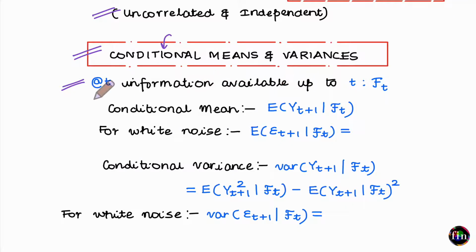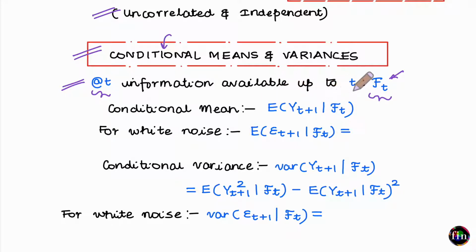This information, recorded up until this time index t, is denoted by this fancy F subscript t. Okay, so think of this to be all recorded values of your time series up to and including the observation at time index t. Okay, so going back to that example that we were following in the first video, the example about how stock prices behave on an intraday basis.